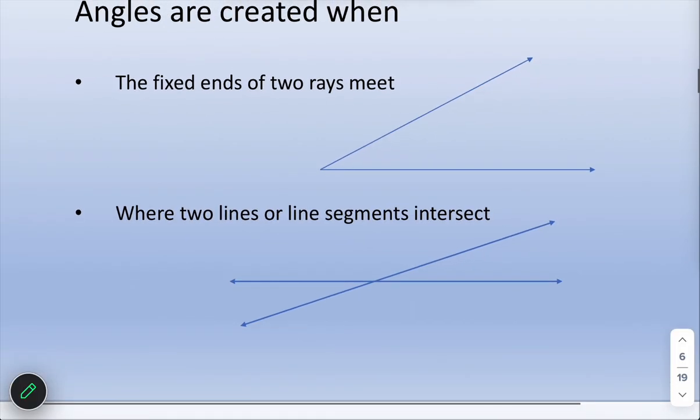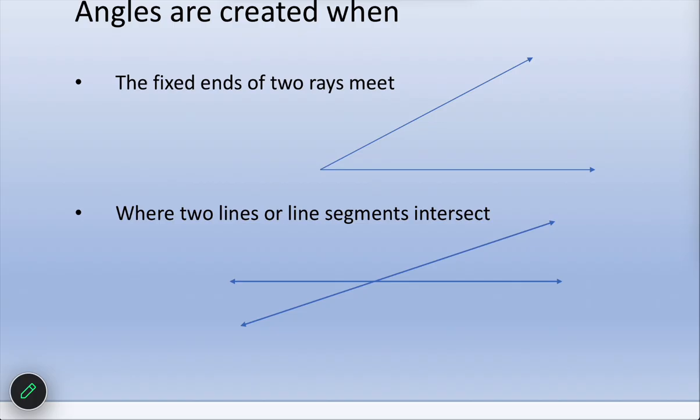Now, where two lines cross or line segments cross or intersect will also create angles. So you'll notice here that these two lines are crossing. What's really interesting about when that X occurs between either two lines or segments, is that these two measures are called vertical angles.